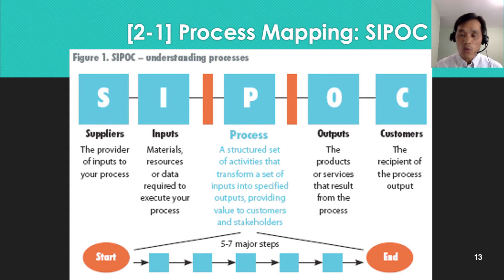To do so, one should be able to construct a process map that consists of suppliers, inputs, processes, outputs, and customers, called SIPOC. In particular, the manager should focus on how inputs are transformed in detail and find a way to eliminate non-value-adding activities and have all the resources spent for value-adding activities.